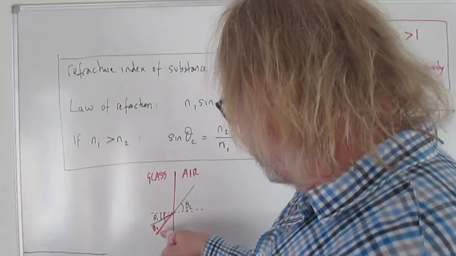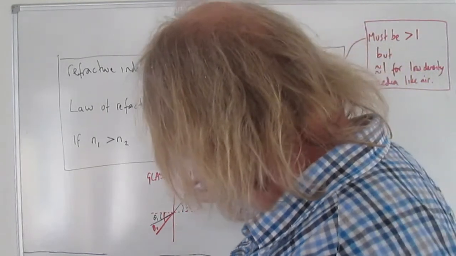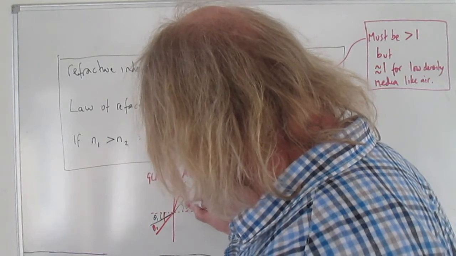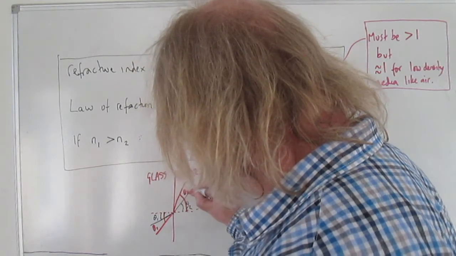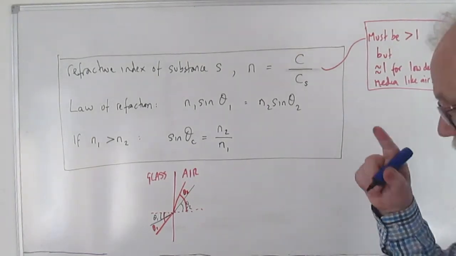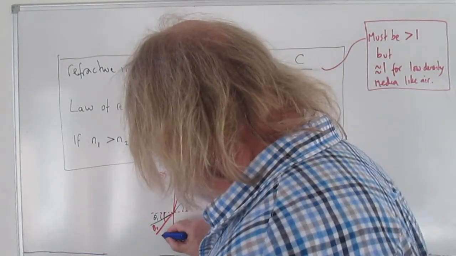So if we increase the value of θ1, we'll have to increase the value of θ2 as well, like that. But you can see what's going to happen eventually, and I've run out of colours now, so I'll just do it here with a dotted line.